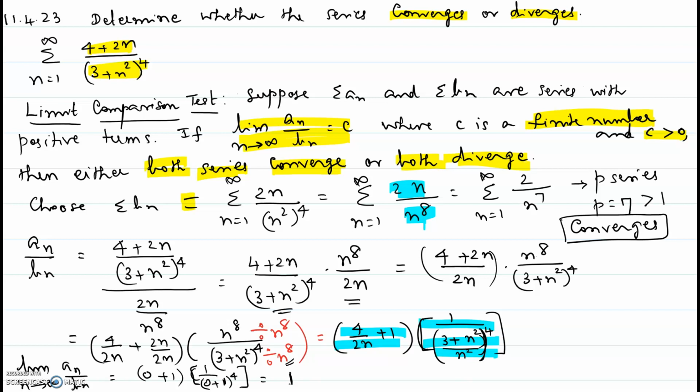So we have established in this ratio here, limit as n approaches infinity, an over bn equal to c, where c is here 1, so c equal to 1, also it is positive. So by the limit comparison test, LCT, sigma an and sigma bn behave alike, converge or diverge together.